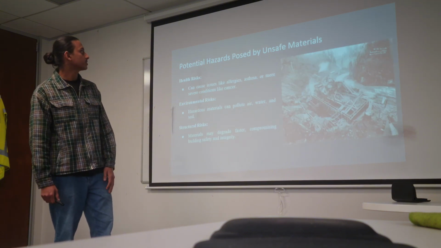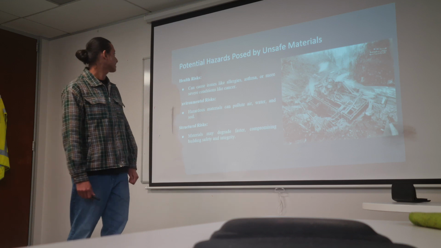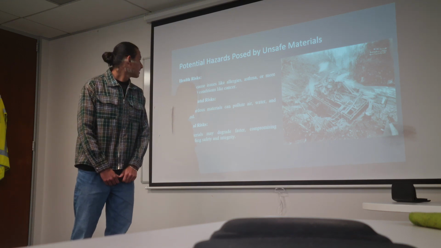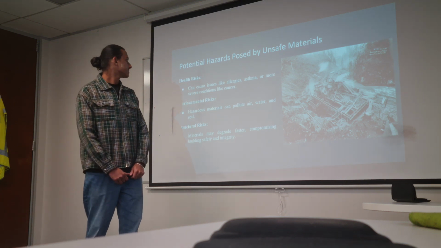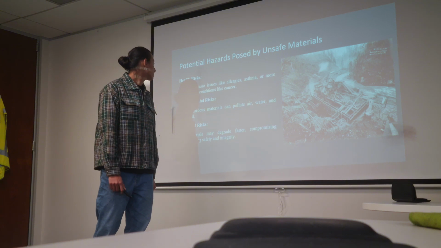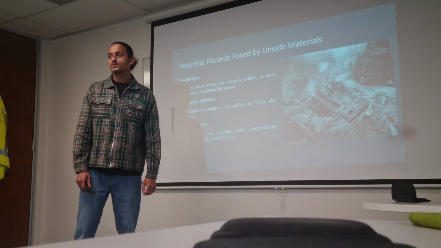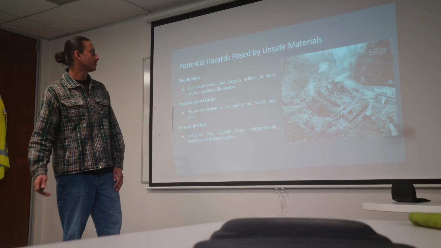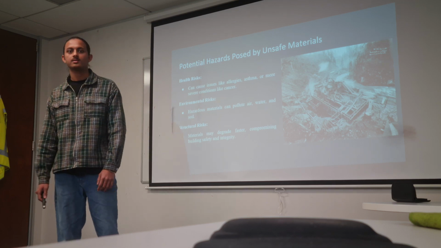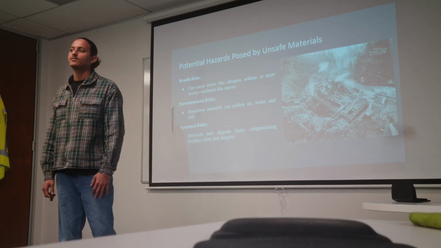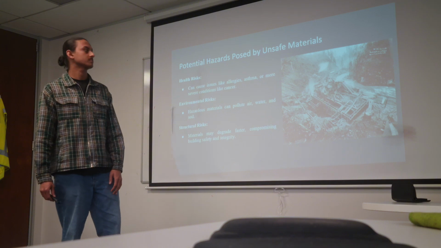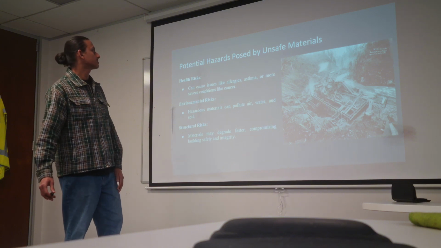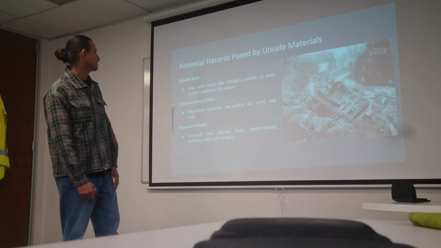Potential hazards posed by unsafe materials. Health risk can cause issues like allergies, asthma, or more severe conditions like cancer. We should be more concerned about health before construction, while using unsafe materials.